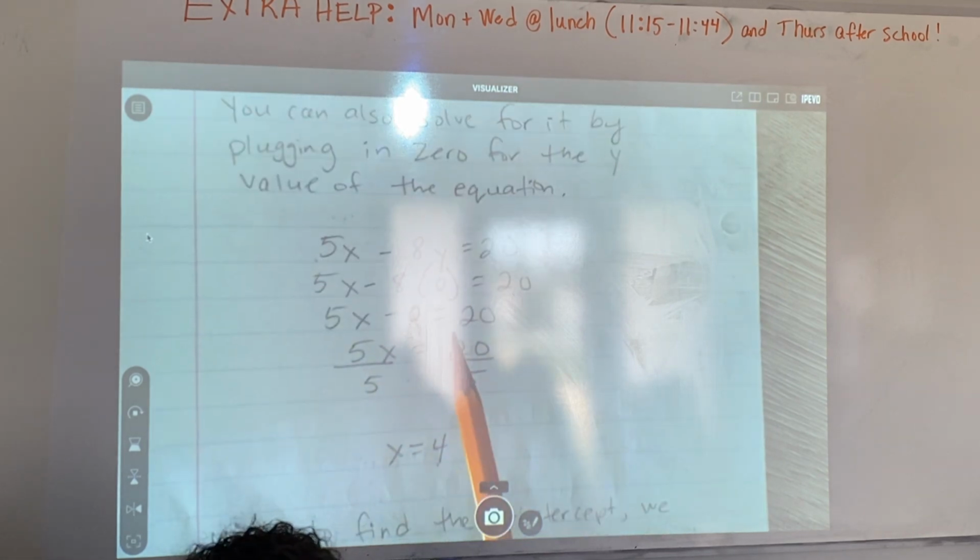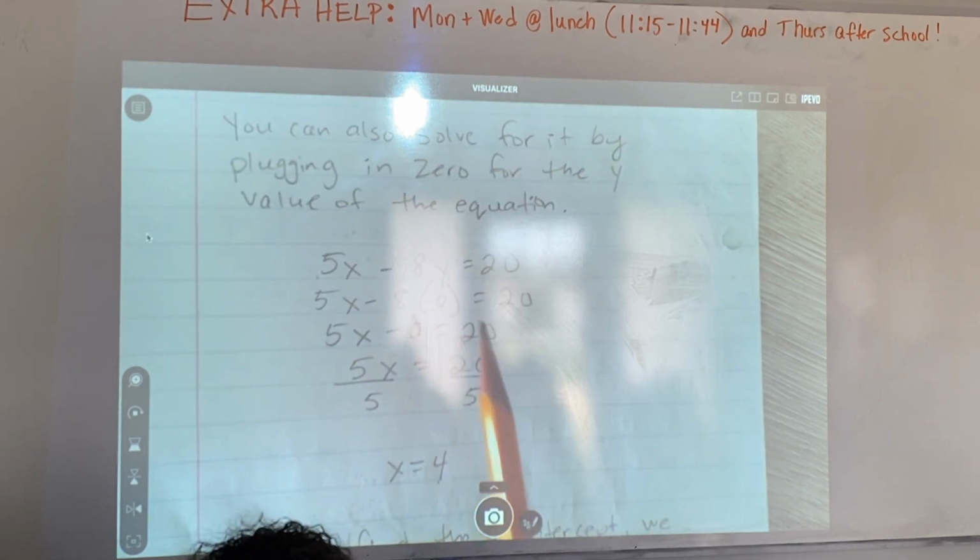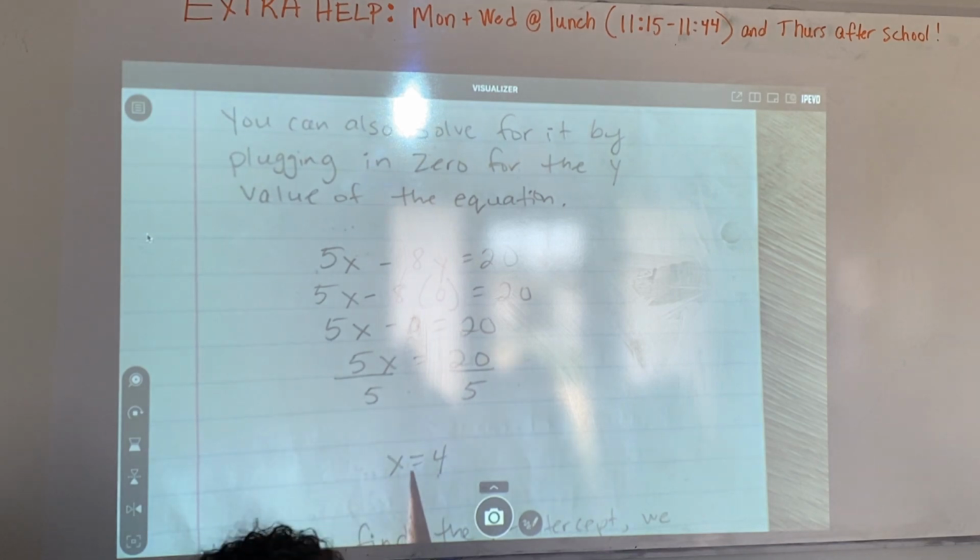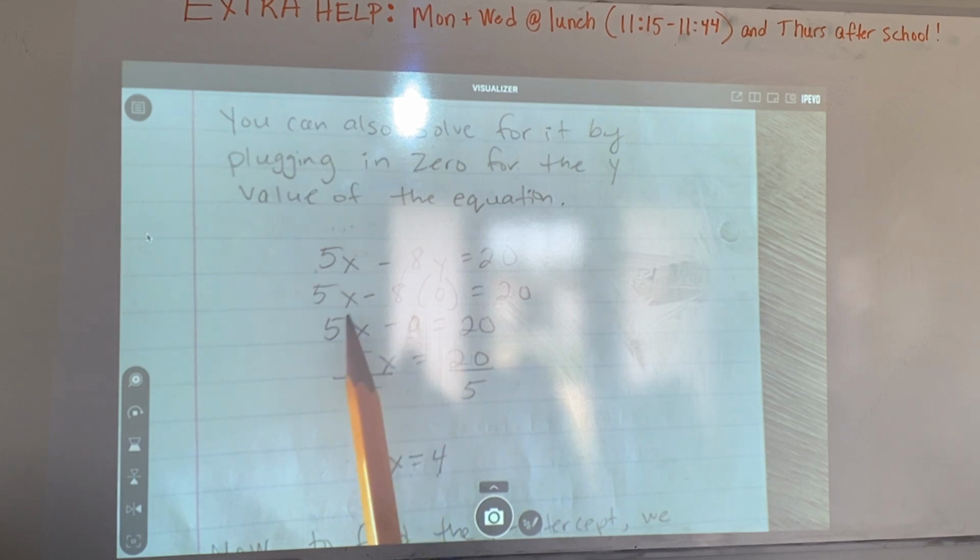So here I started with solving for the x-intercept, okay? I took my equation, which is in standard form, and we know that standard form is usually the one where we need to find our x and y intercepts by plugging in 0 for the other variable. So to find my x-intercept, I plug in 0 for my y.